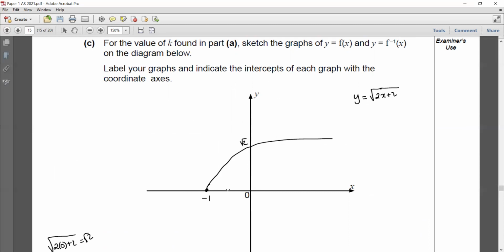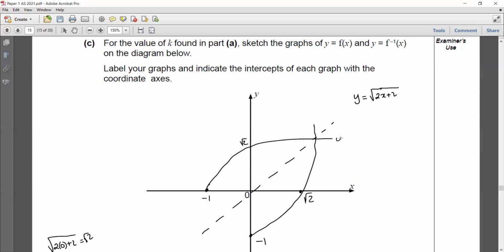Okay, then to get the inverse, you would draw the line y is equal to x, and then you reflect that. So this point here will be reflected here. This point will be reflected there, and then form an arc. So you draw a mirror image, and they must cut at the same point. This is the square root of 2, and then this is -1.